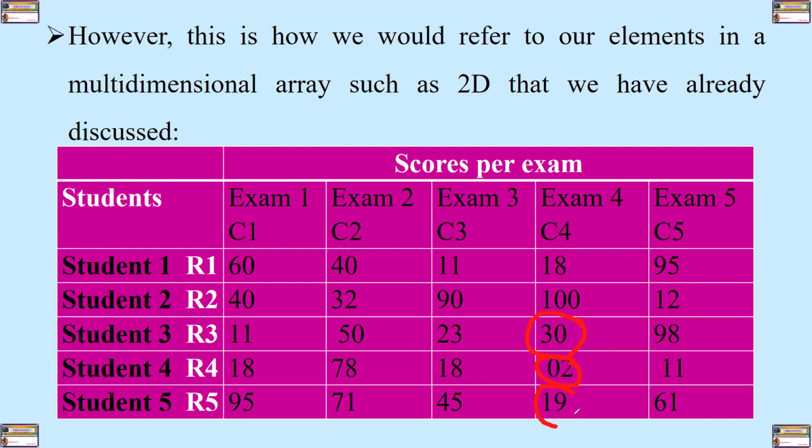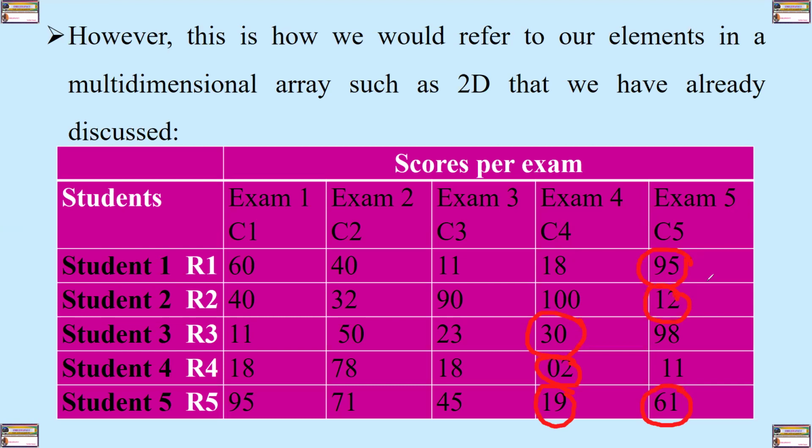Then this is 5,4: 5 for row, 4 for column. What about this one? That would be 1,5. Then this would be 2,5. Then this would be 5,5.